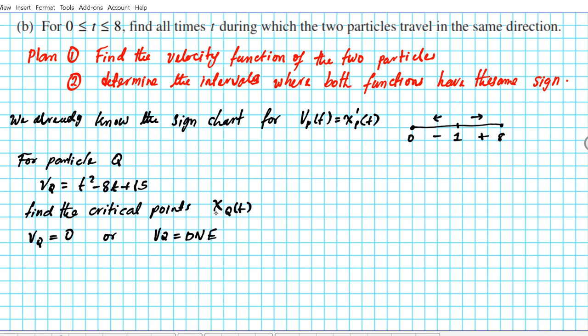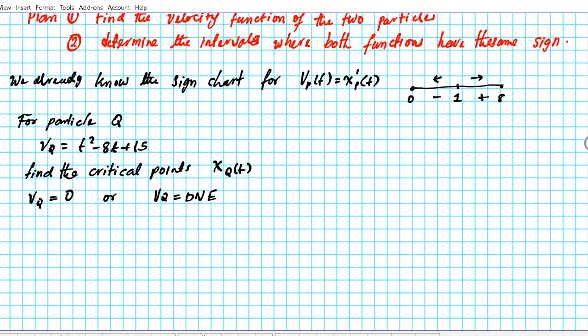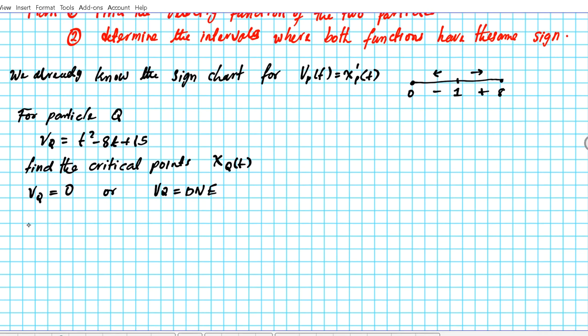If you differentiate the position function of particle q, then you have the velocity function, which we were given. So we have t squared minus 8t plus 15 equals 0. There's the velocity function. Just imagine it's over 1, okay? So just take the top for when it's equal to 0, and let's play the x game.